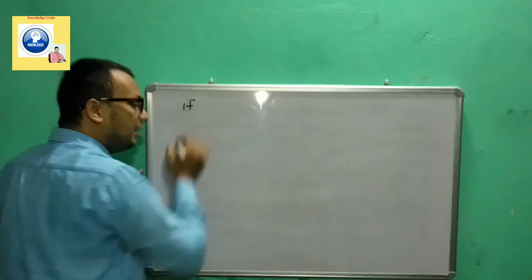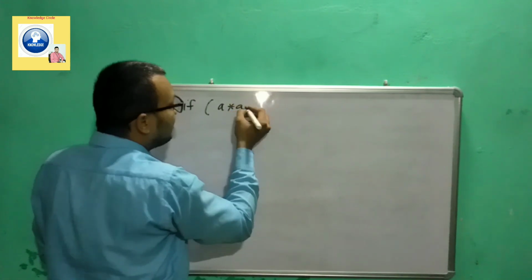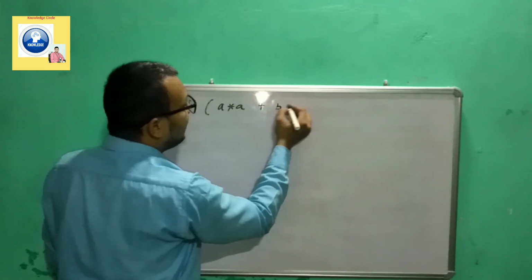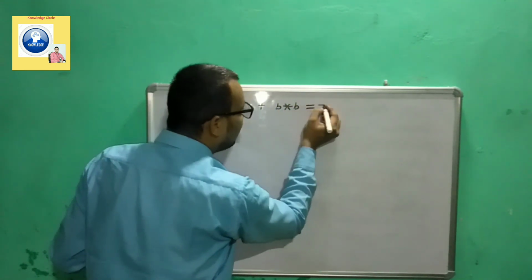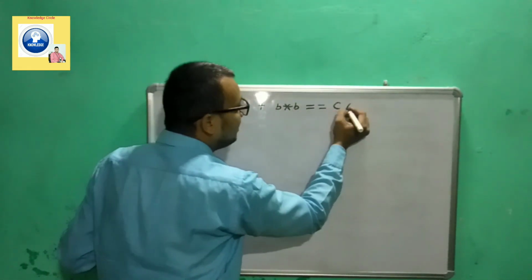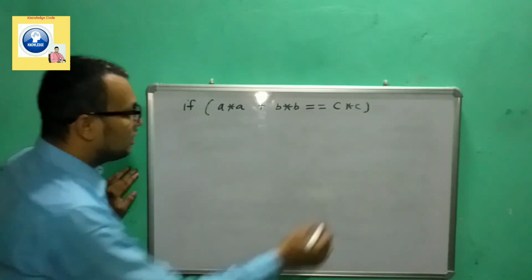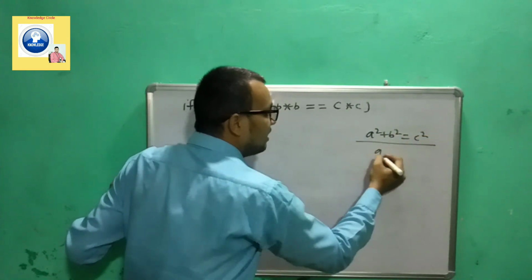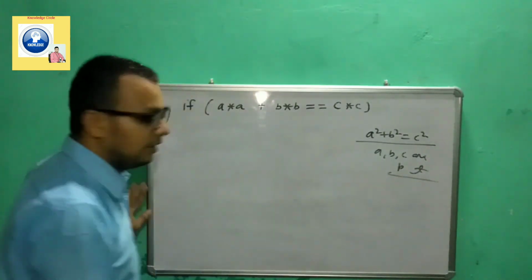We will use if: a into a, that is a square, plus b into b, the second number's square, if it is equal to, meaning we have to write double equals, the third one, c into c. If this condition is true, what does it mean? If a square plus b square is equal to c square, it means a, b, c are Pythagorean triplet.